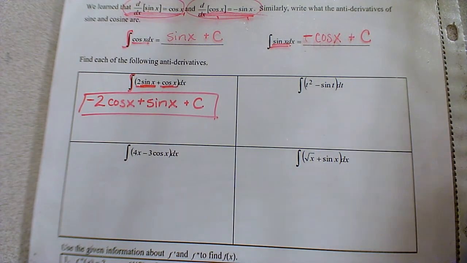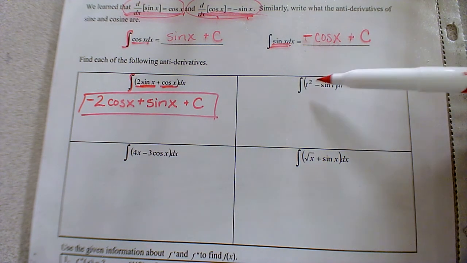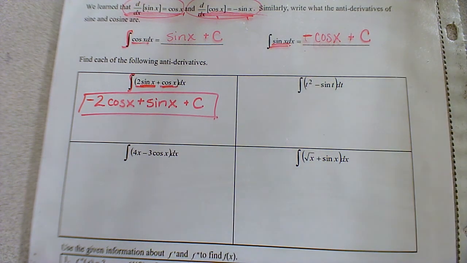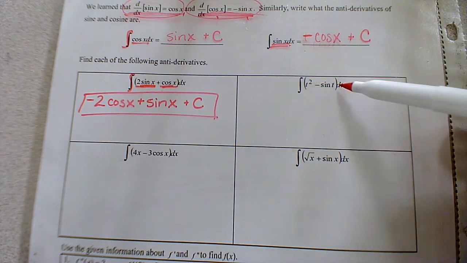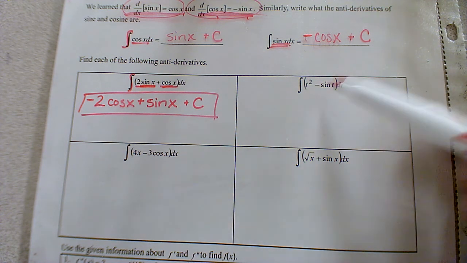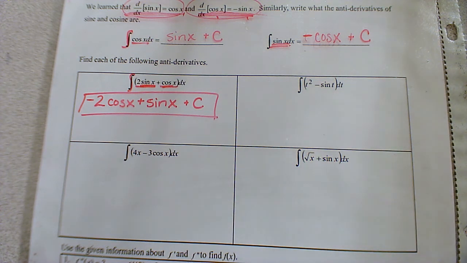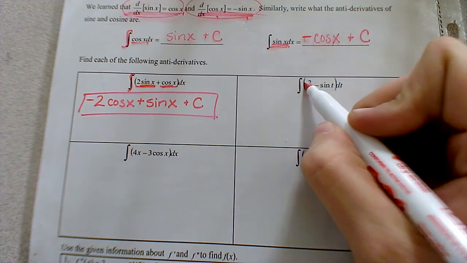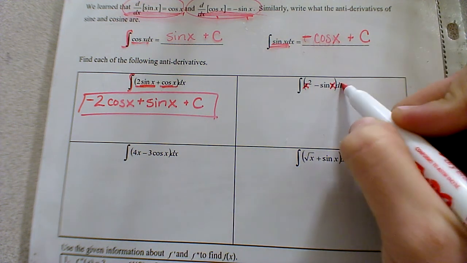All right, looking at the next one to the right, this is a good example of how we might have another variable instead of x. We've seen position functions normally use the variable t for time, so maybe this is representing some type of position, velocity, or acceleration function because we have time, or t, there. You can rewrite those as x if you want to, but you'd have to change all of the t's to x's.